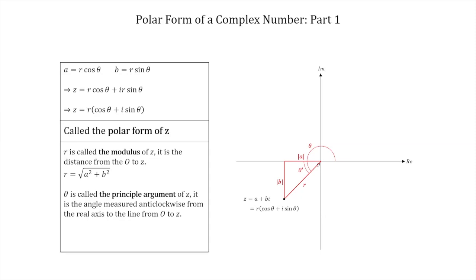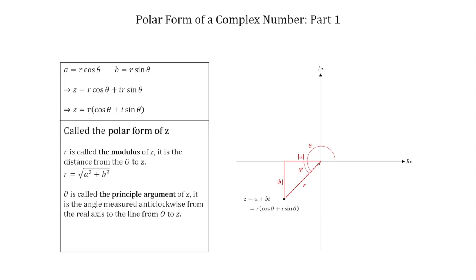R times cos theta prime plus i times R sine theta prime, because these things are going to give you positive numbers. You can see from the diagram, hopefully, that R cos theta prime and R sine theta prime give you positive numbers. They must do, because they give you the lengths of this triangle.